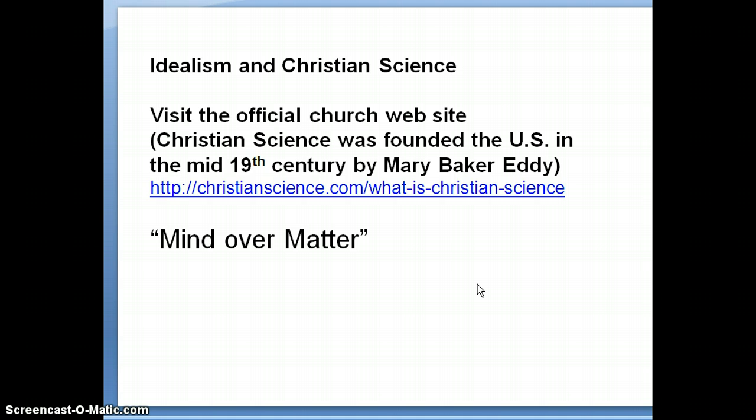I know that in the Wichita area, for example, there are at least 2 Christian Science reading rooms, or churches, as you might term them, and maybe more. So that's one example of a place where you could go to get a practical example of how a philosophical concept is actually playing out in modern day society.